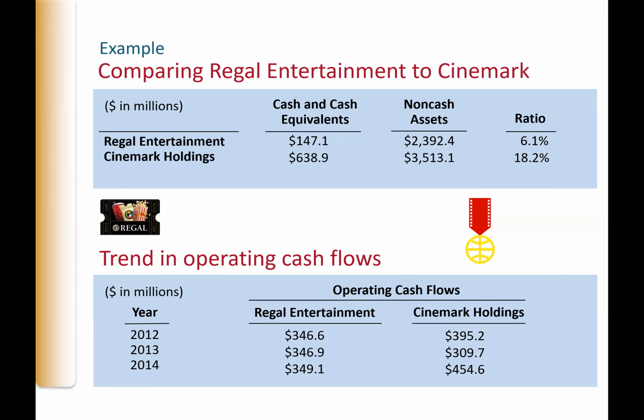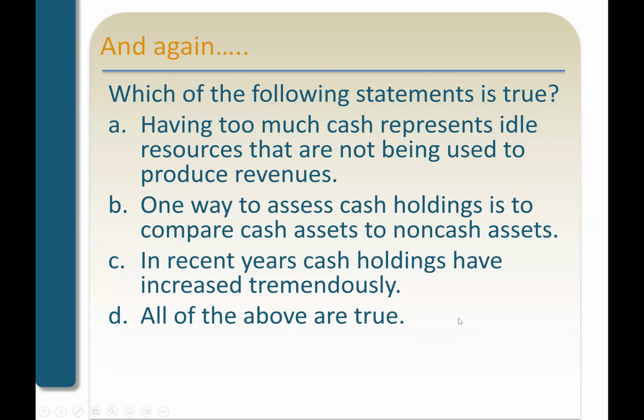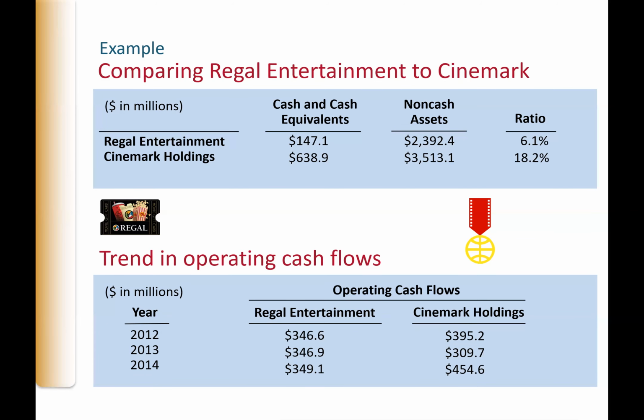Okay, then as you look at operating cash flows, you see throughout the years, Regal Entertainment's sitting right at 346 to 349, and Cinemark's gone anywhere from 395 up to 454.